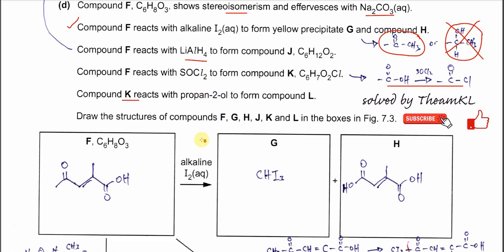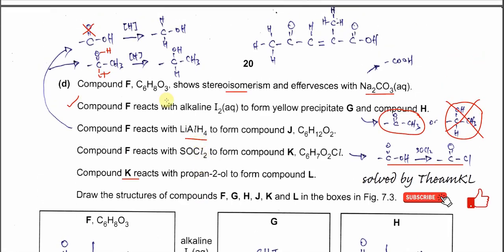Okay, so now let's start. Combine all this information, so we can actually start with the structure of compound F, because we know that it has 1 COOH and 1 methyl ketone. So you can put these 2 groups at the 2 different terminals. Let's say now you put the methyl ketone on the left hand side.